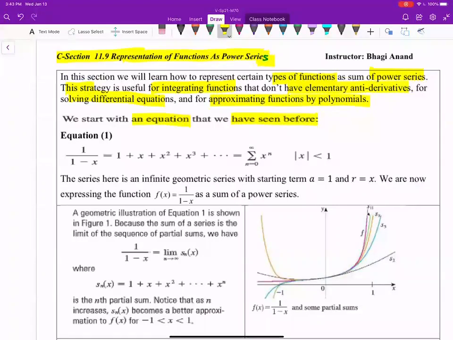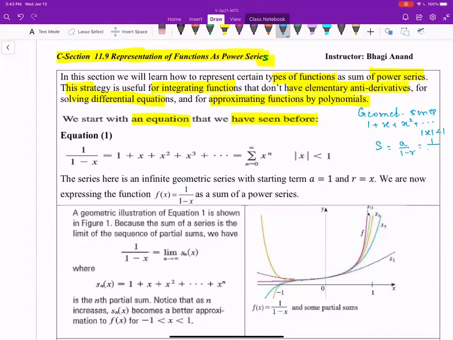So if you consider an infinite geometric series like this, 1 plus x squared, etc., with common ratio absolute value less than 1, then the sum of the series is a divided by 1 minus the common ratio.